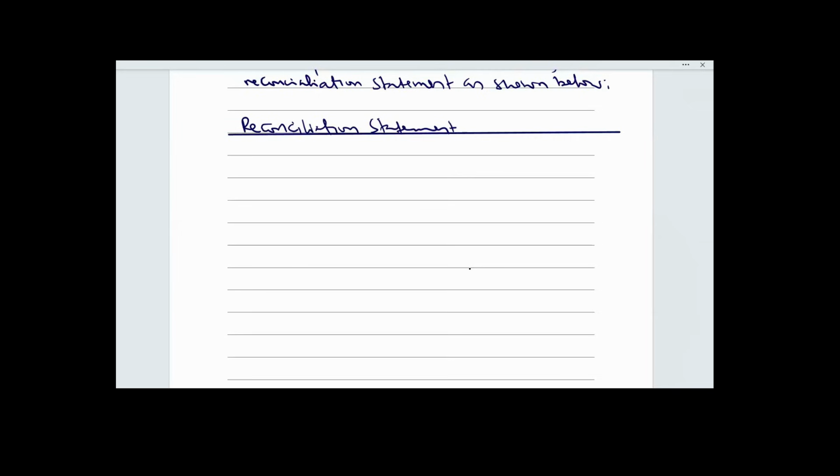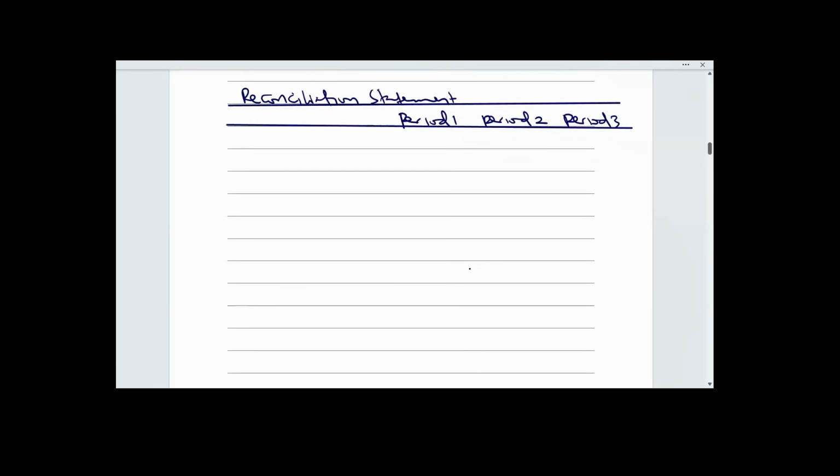All right, so here will be period 1, period 2, then period 3. I'm very sure most of you will be waiting for me to see whether this one will balance. Maybe Mr. Rejuan said, once you prepare your reconciliation statement and it balances, then it means that what you have done is correct. No worry. Once you do the right thing, certainly it will balance.